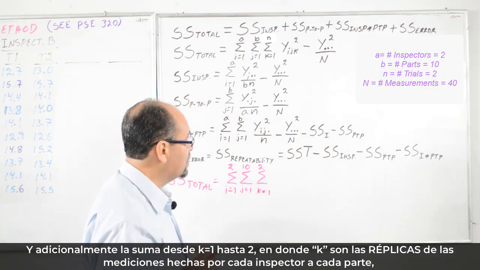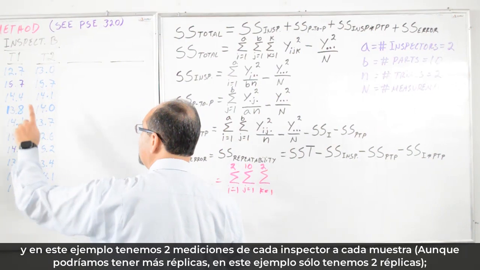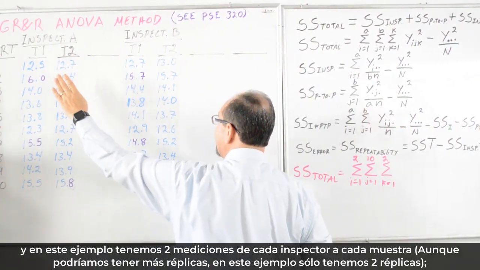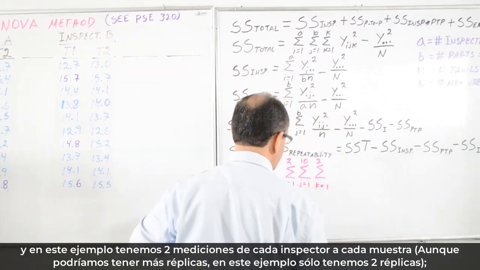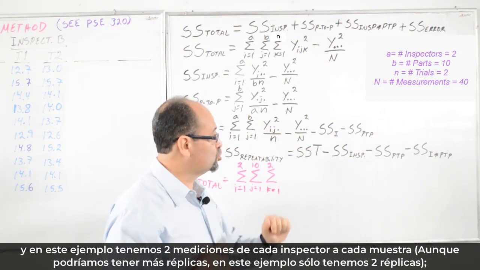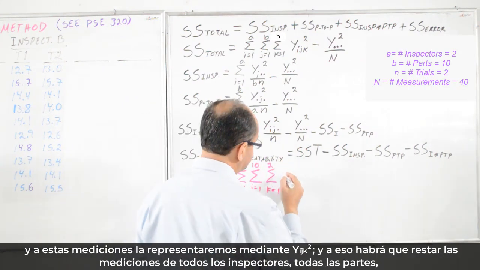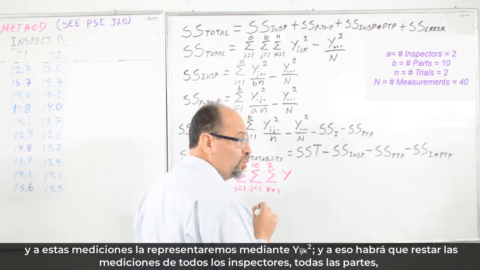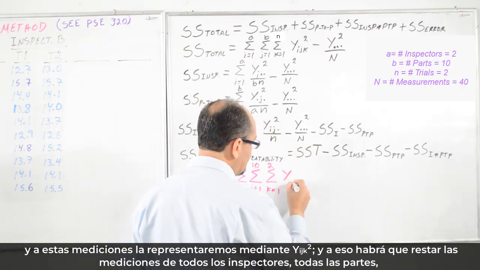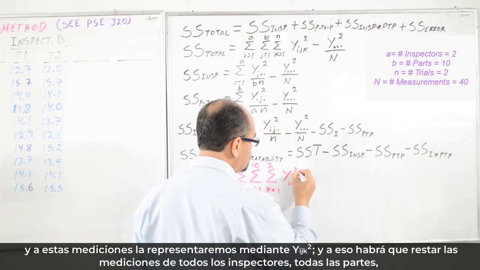For this case, we have 2 trials for each inspector. We can have 3 or more trials as well, but for this specific example, we have just 2 trials. Of the data, the Y, which is the measurement, of i, j, k squared.